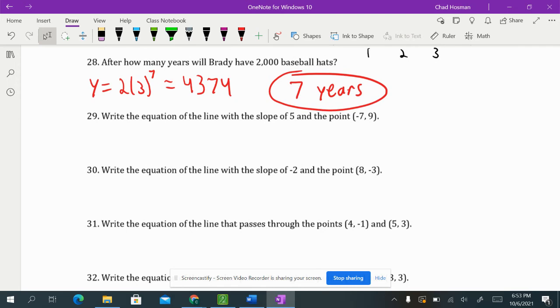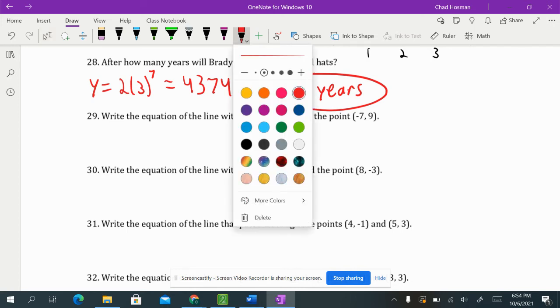All right. Number 29, write the equation of a line with the slope of 5 and the point -7, 9. So for this one, we know we're going to be using point slope form because we're given a point and the slope, right?